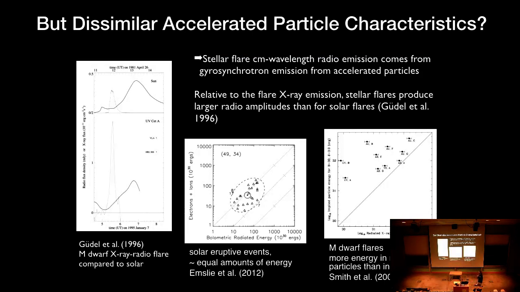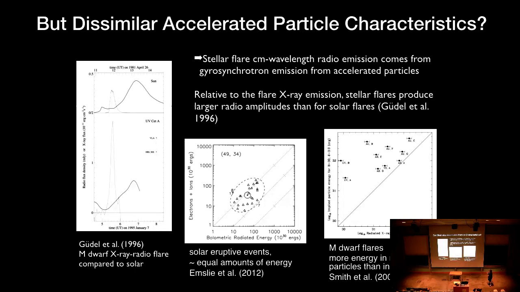However, and there's a question mark here because this is an active area of investigation, there's some evidence now that we might be seeing dissimilar accelerated particle characteristics. When you look at the population of accelerated particles near the surface of the star, I apologize, this figure got a little washed out. Radio observations are great for diagnosing accelerated particles.